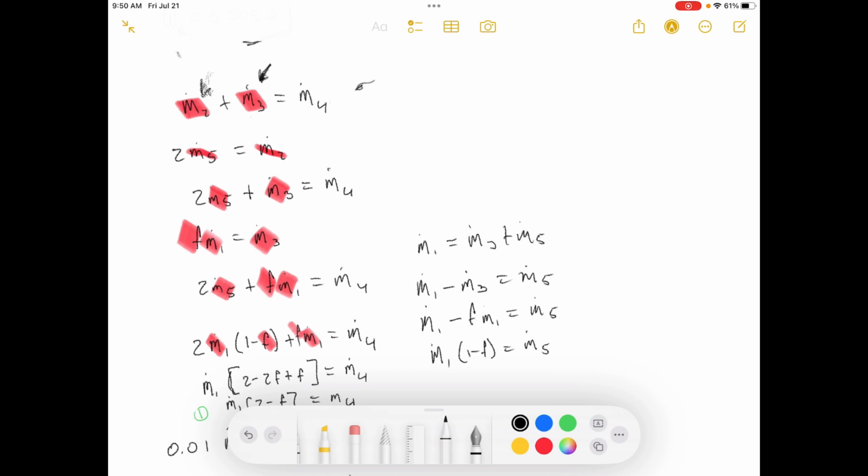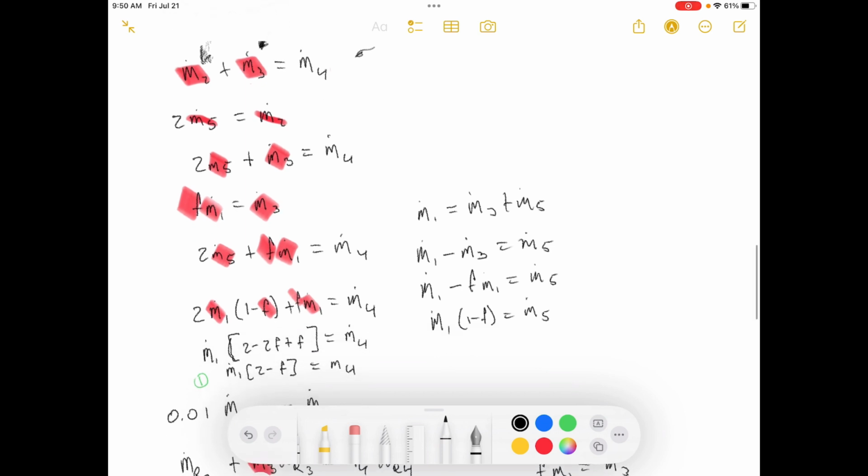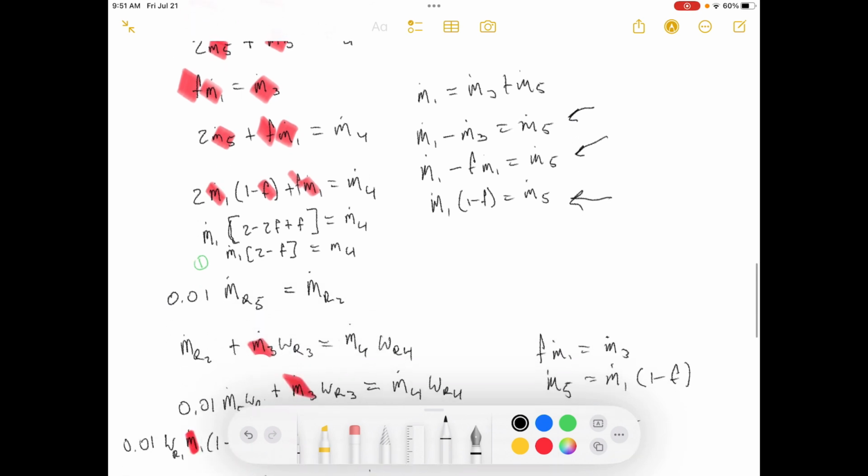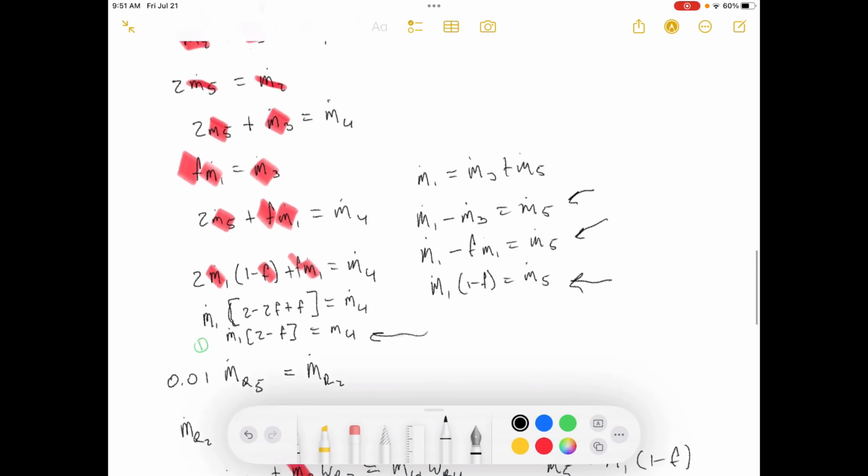We know that M2 is equal to M5, and M5 is related to M1 and F. So we can substitute that in, and then M3 is also related to M1 and M5. We can then do all of our substitutions to get rid of all of those extra unknowns. So now we just have one equation in terms of M1 and F. That was over on the overall balances.